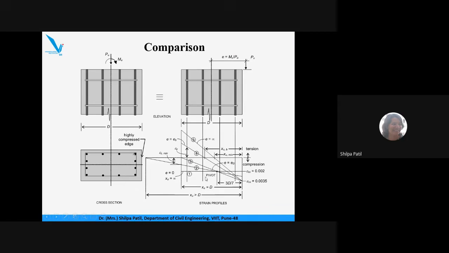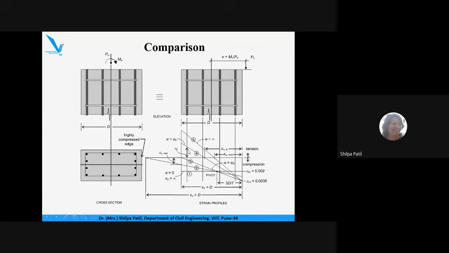These same considerations are shown here combined in this diagram. For the first case, when eccentricity is 0, your strain diagram is rectangular. When the second case is considered, that is XU is greater than depth, somewhere here, the strain diagram is triangular like this, and the maximum strain value is 0.002. The third case is when XU is along the edge, so XU is here, and in this strain diagram the maximum strain is considered as 0.0035.